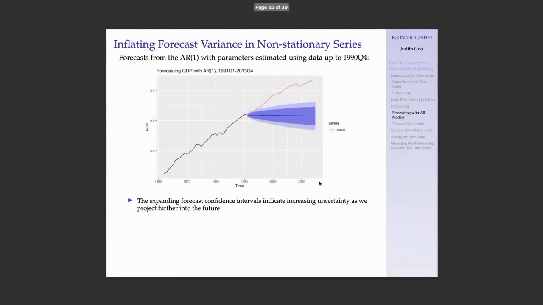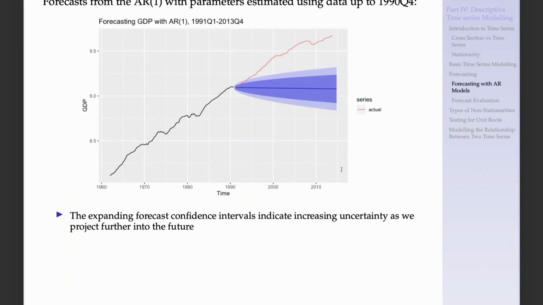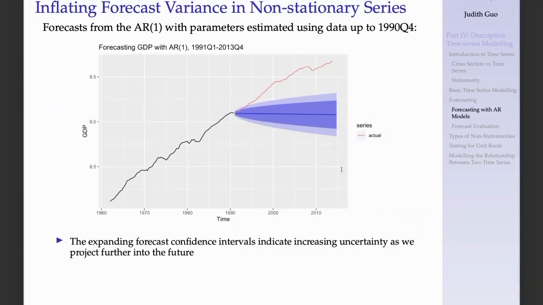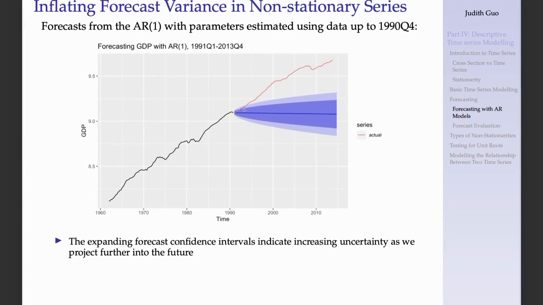Now, this is actually amplified if we extend the forecasting horizon. So here I've made the forecasting horizon longer just for you to see the more obvious characteristics of using a non-stationary time series to do forecasting. First of all, we can see that, different from the stationary one, the shaded area is getting larger and larger as H increases, which means that there is increasing uncertainty in our forecast, in contrast to the previous stationary case.